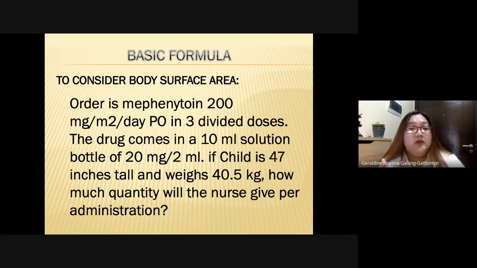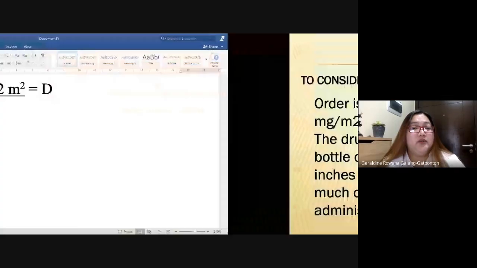Pero ano yung sabi ko kanina? Always look first doon sa unit na merong per, if it is a liquid drug preparation. So, kung merong may per doon sa bottle, the first one is the H, the second one is the quantity. So, 20 mg per 2 ml.